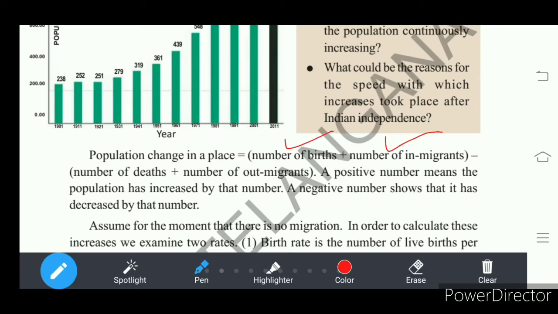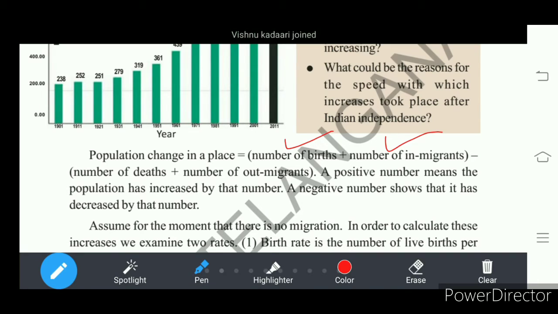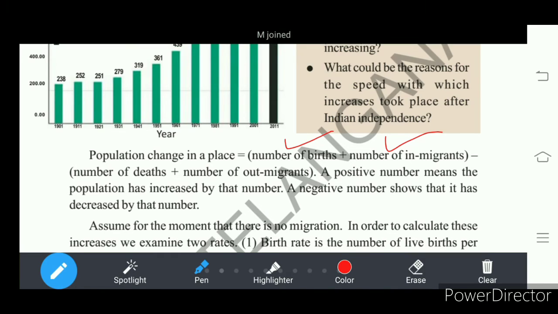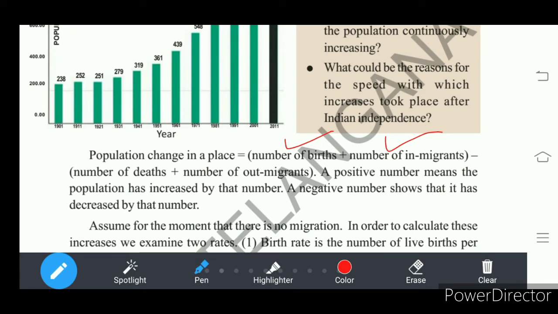Understand? If it is a positive number, it means that the population increased. If you get the positive figure, then it means the population increased there. Same as how we calculated the absolute number regarding the population change. Here also the same. If we get a negative number, it means that the population decreased over a period for a particular place, that is, in our example, Telangana.